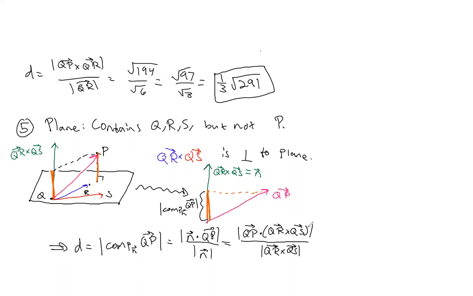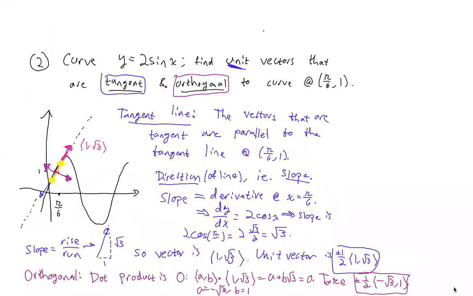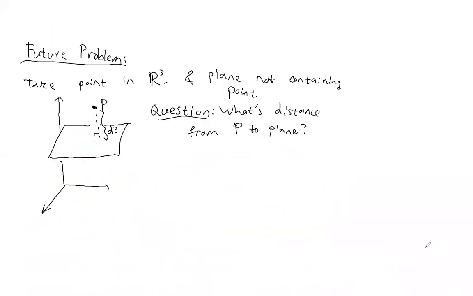So now, at the end of the day, just to go way back to what we had before, this is the future problem I mentioned. What it's going to basically boil down to is trying to find some mysterious, or not so mysterious, vector that is orthogonal to that plane.